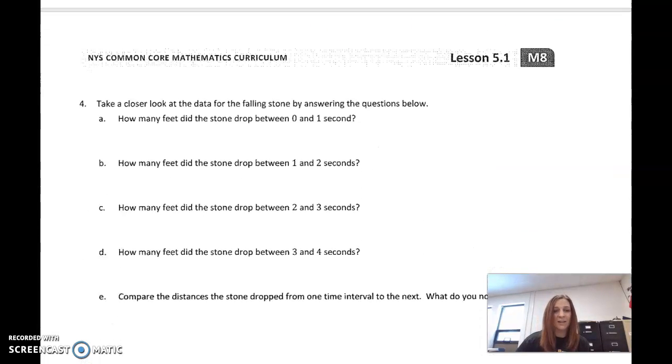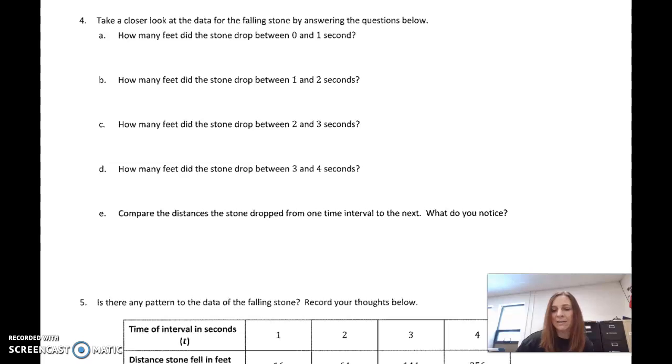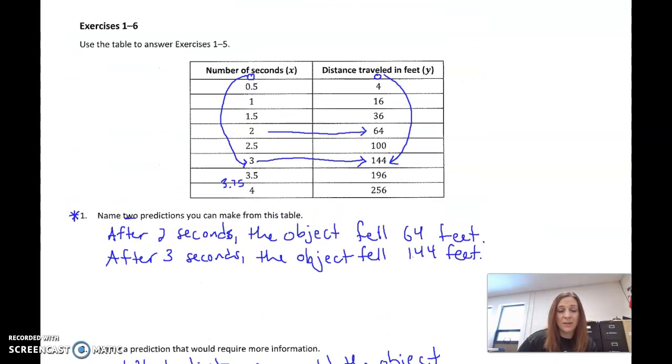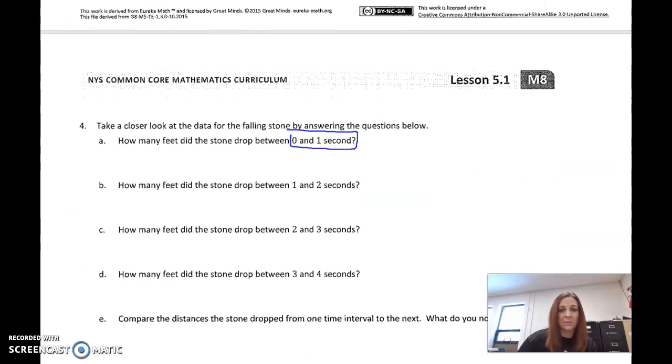All right, take a closer look at our data. How many feet did the stone drop between 0 and 1 second? Going from 0 to 1, 16 feet.